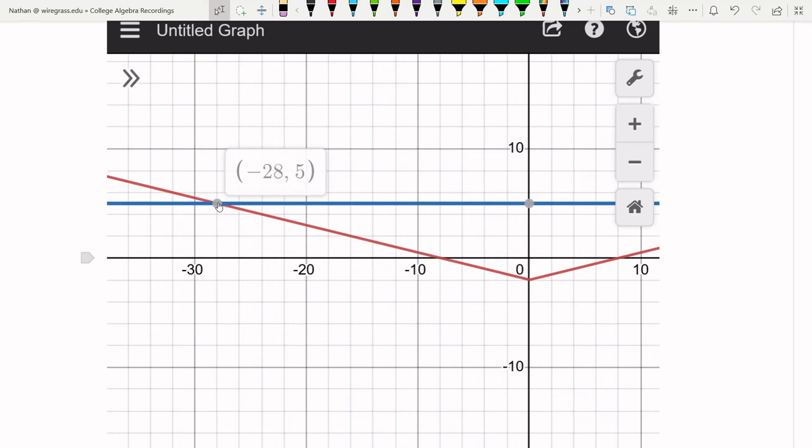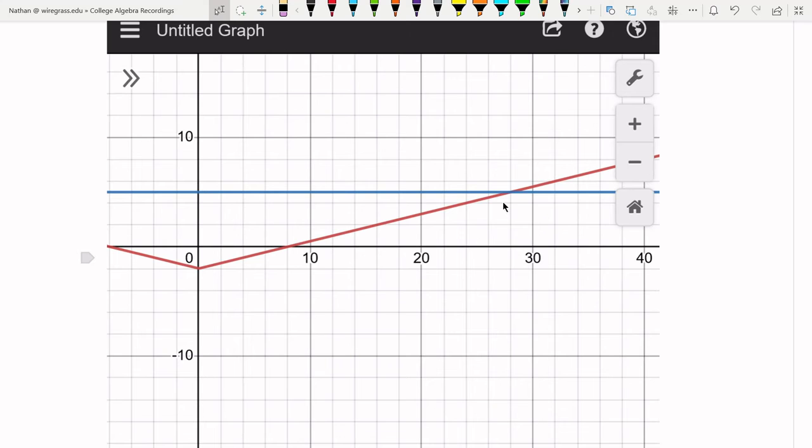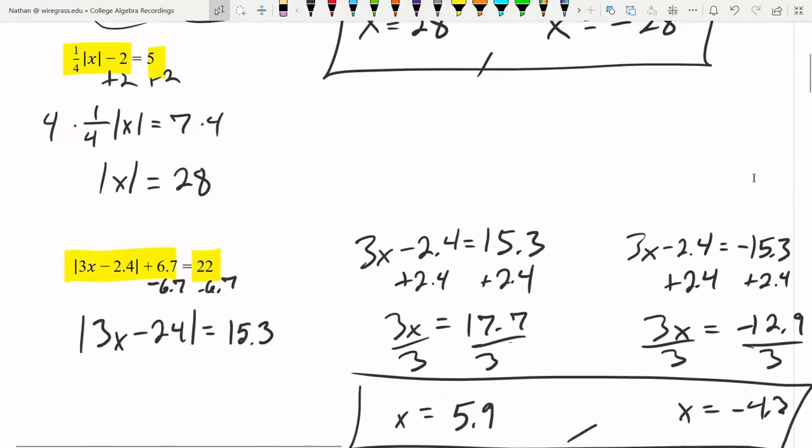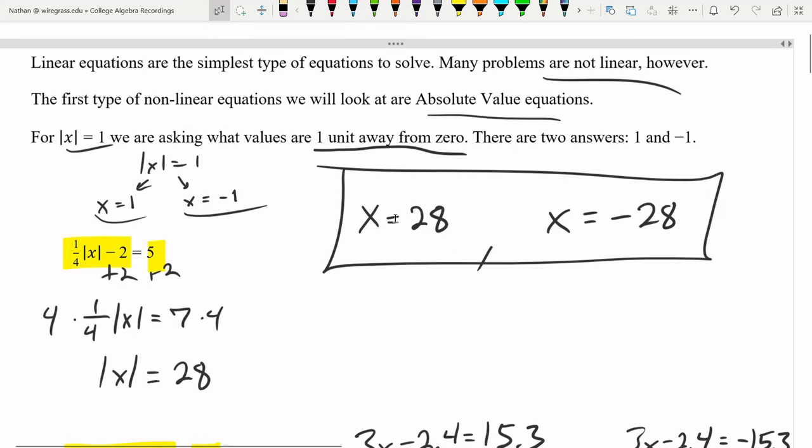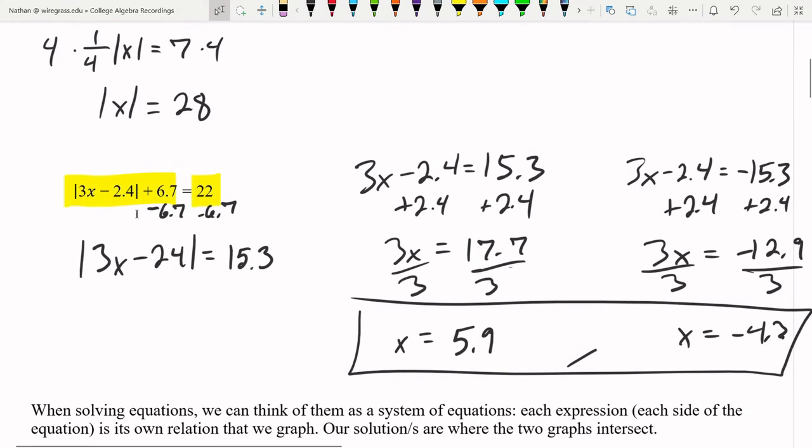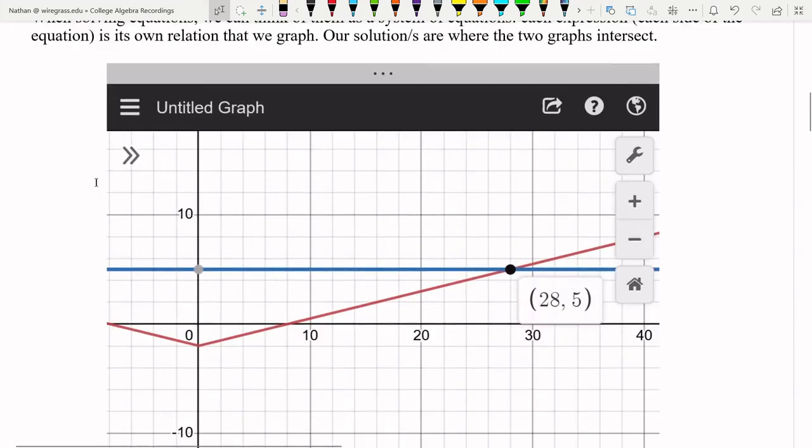And as you can see, we have one here at negative 28, 5 is what y equal to. That was the constant 5. And positive 28. That was the exact answer we found here. Positive 28 and negative 28. Looking at this one, this is going to be the first equation, and the second one's going to be y equal to 22.